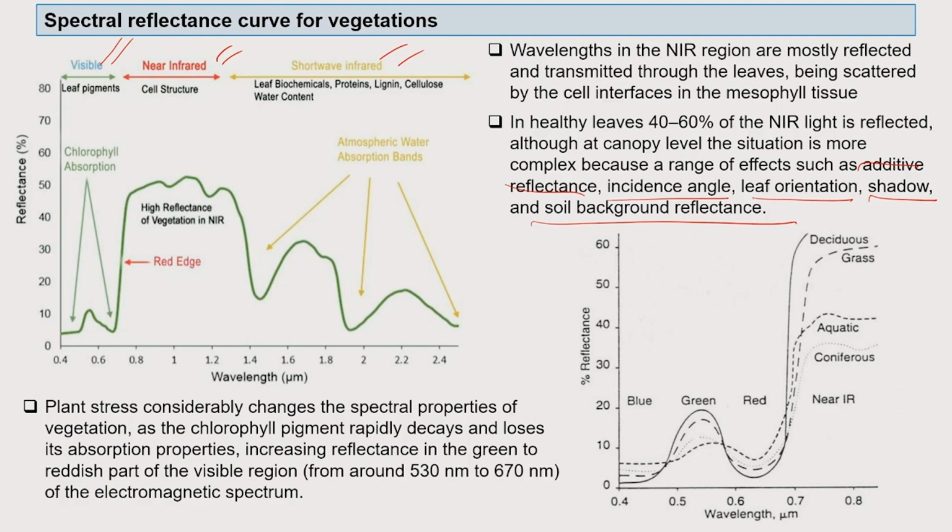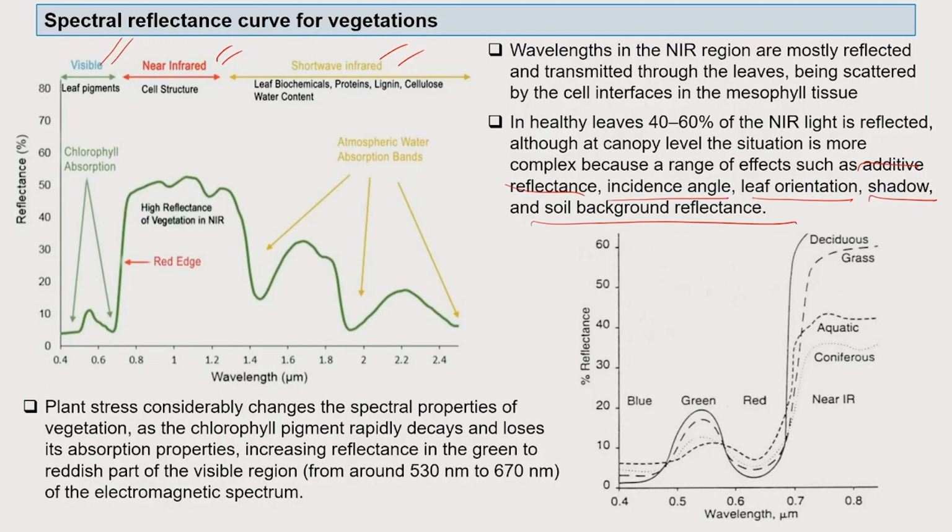Because of certain stress, chlorophyll may lose its absorption properties, and if absorption gets reduced, reflectance will increase. So the reflectance in the green to reddish part of the visible region of the electromagnetic spectrum will get enhanced under stress conditions.